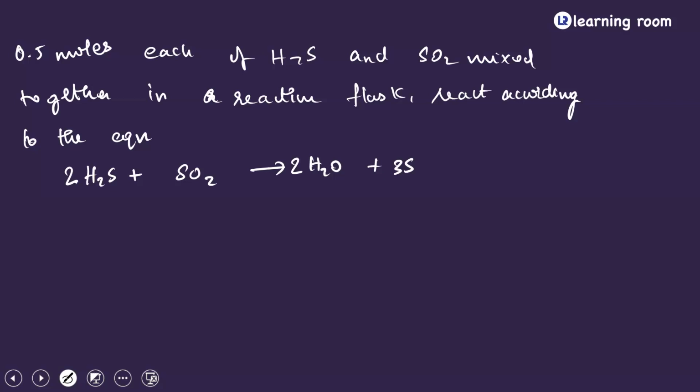So, 2H2S plus SO2 gives you 2H2O plus 3S. Calculate the number of moles of sulfur formed.